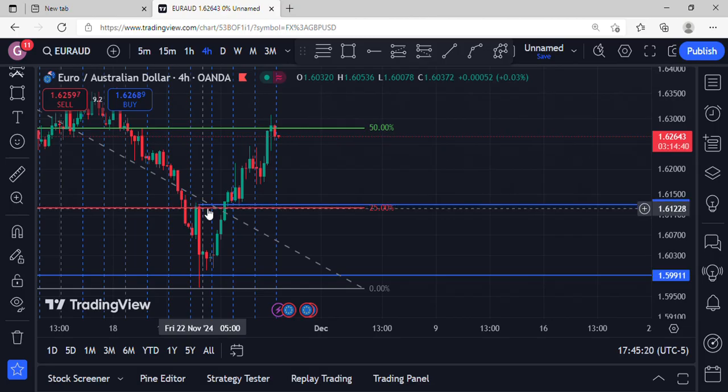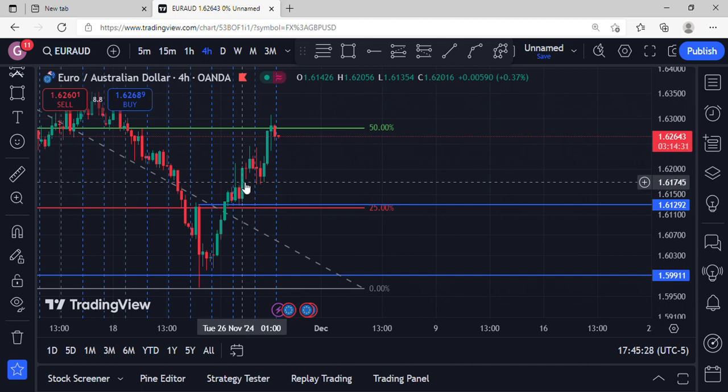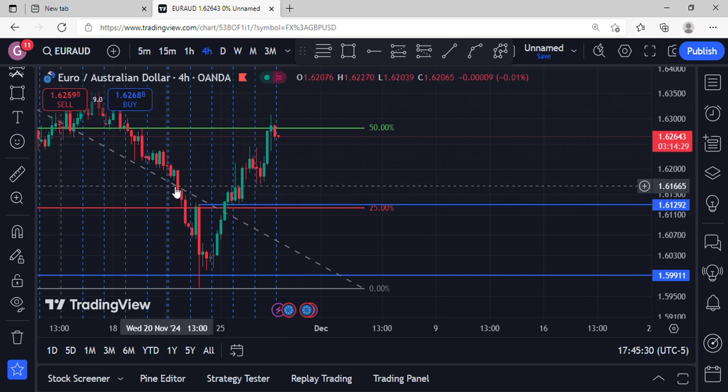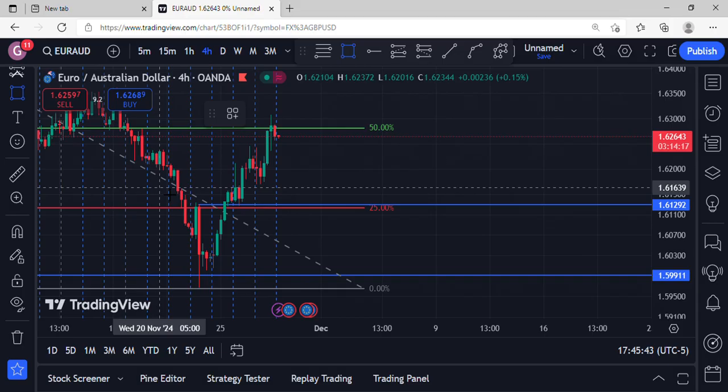Then we move up, created this fair value gap here, disrespected this fair value gap to the left. So the left side of the chart is also important. It's not all about what's on the right side, what you can see. The left side is also important. So this fair value gap got disrespected to the left side.